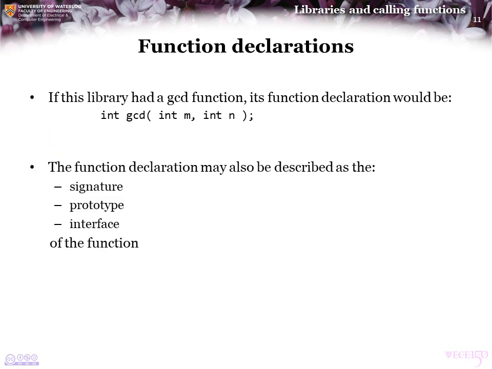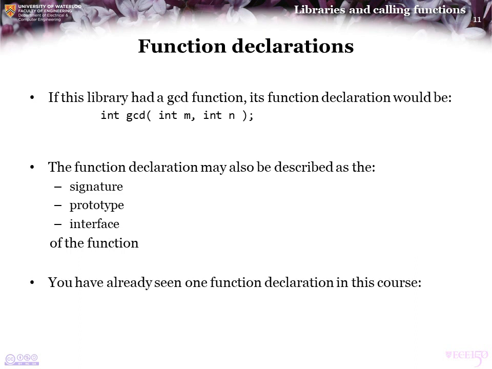Now, the function declaration may also be described as the signature, prototype, or interface of the function. However, for the purpose of this course, we will consider this to be a function declaration. Now, you have already seen one function declaration in this course, specifically int main.